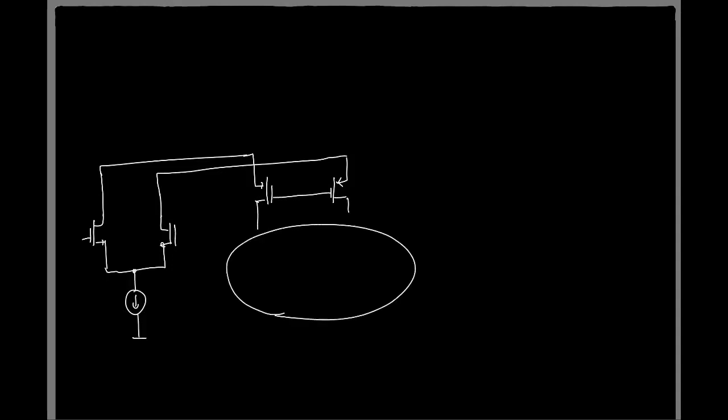Now I'll have to take these currents and buffer them using a PMOS common gate. And then at the load side, what should I put here? An NMOS cascode current source. So we'll just have the same, that's it.